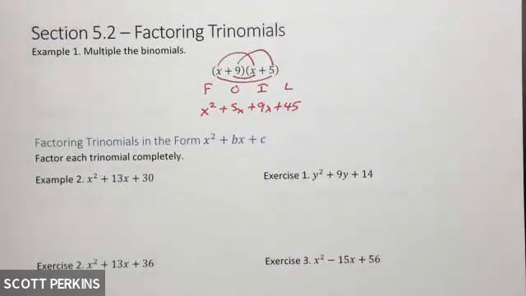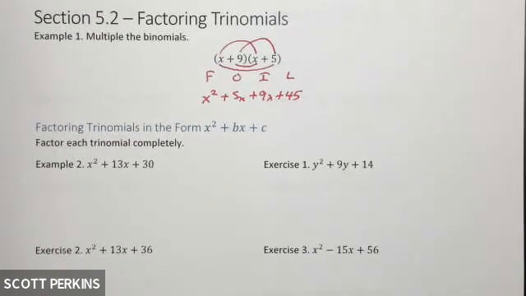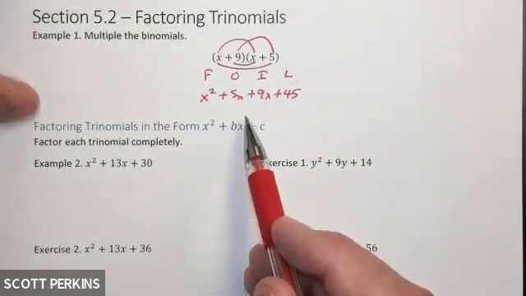Okay, hopefully that's not taking your breath away or anything like that as you see it. The reason I mention this at all today is because what we are going to do when we factor is the reverse of multiplying. So we are going to unfoil things. I just do this to point out the structure of what's happening.